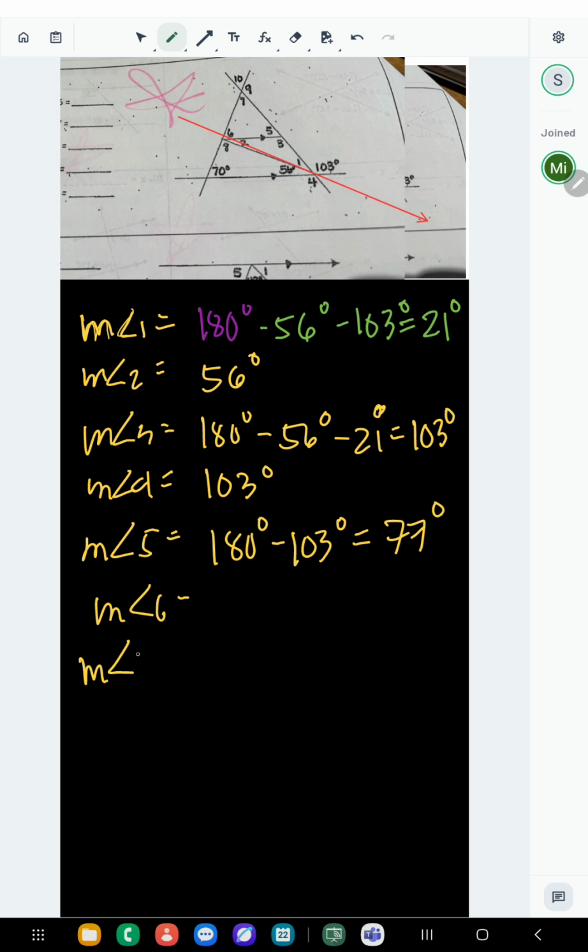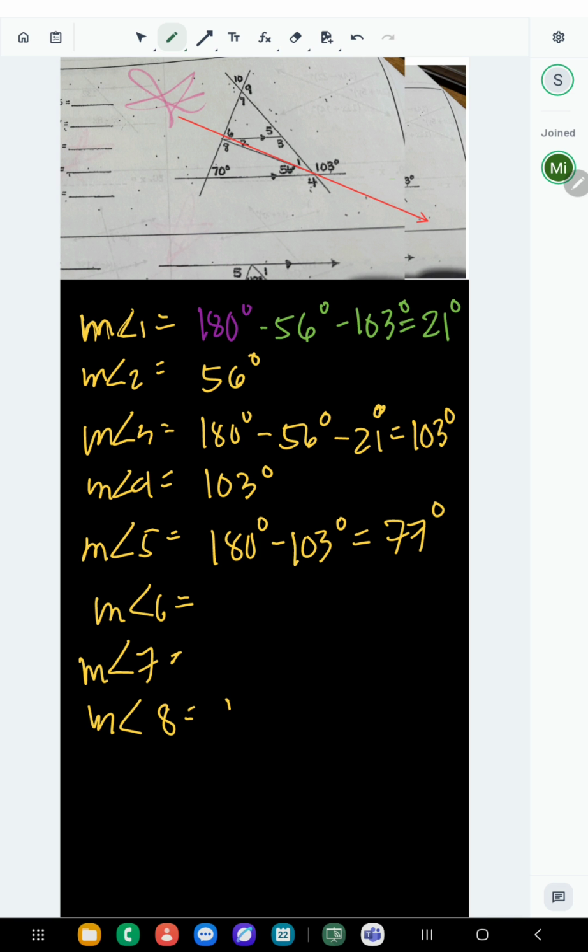And then angle 6. We already have angle 2. Alright, we solve angle 8 first, because that is one of the angles in a triangle.